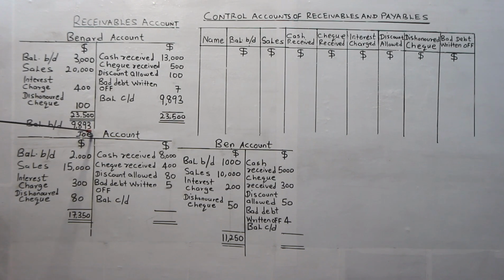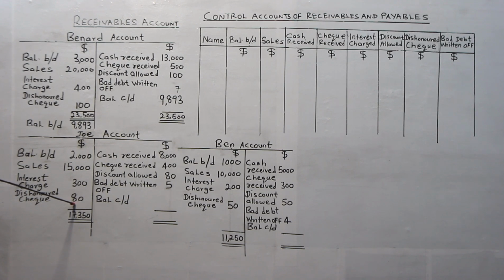Now the same is applicable to Joe's account and Ben's account. Now the balance brought down in Joe's account at the beginning was $2,000. Remember we said that any transaction that will increase the amount that receivables are owing should be debited.